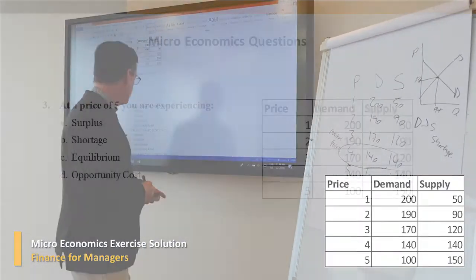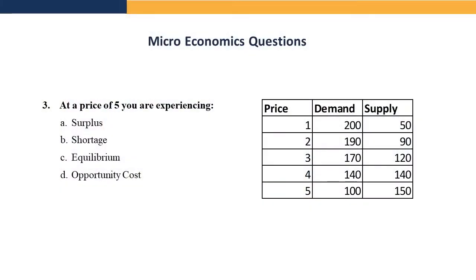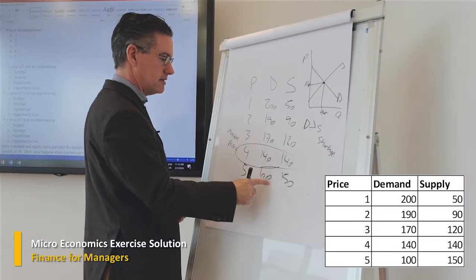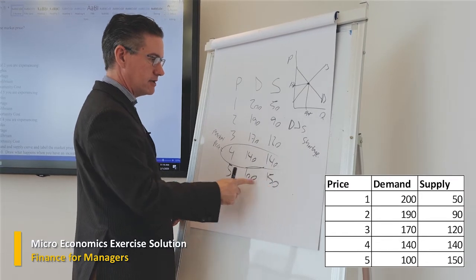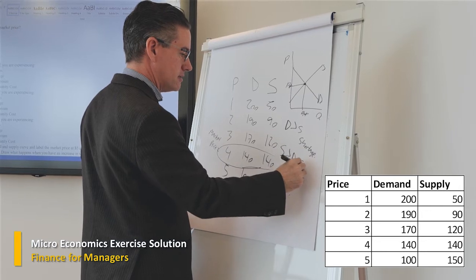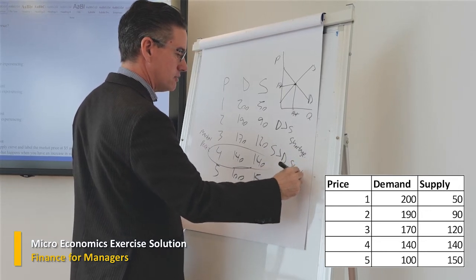And the next one will be if the price is 5. At 5, demand is less than supply, so supply greater than demand is a surplus. That means we have too much.